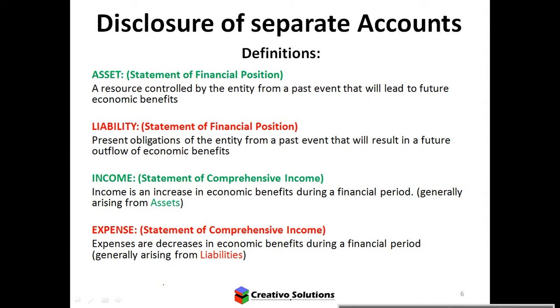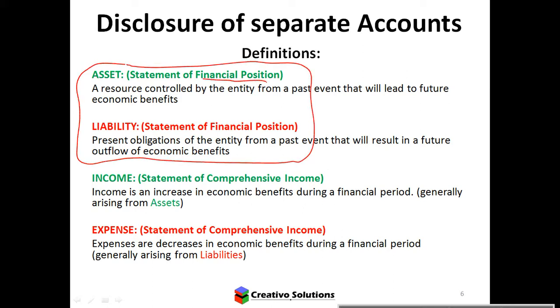Right, so this is an important slide because I've given you definitions and I've summarized the actual disclosure as well. So assets and liabilities help us to calculate what? Financial position. We've covered this before. We know financial position is where are you now.